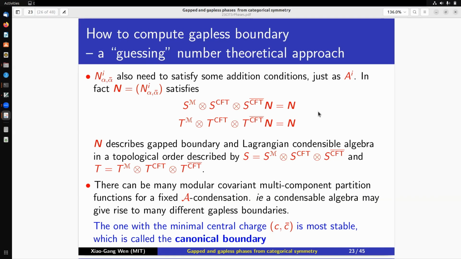That gapless state at the transition point may not be the c = 1/2 Ising CFT. It may be many other things. Actually, there is an infinite number of choices because you can stack with any gapless state. And that could be the possible gapless state at the transition point. So when we say a particular CFT describes a symmetry breaking transition, we already implicitly assume we are talking about the minimal CFT.